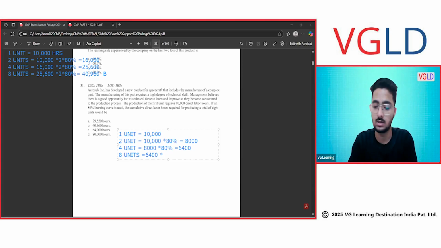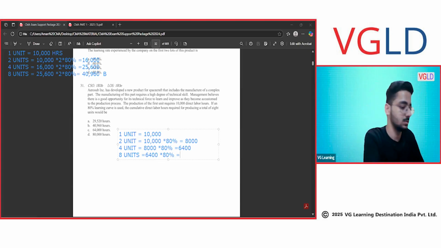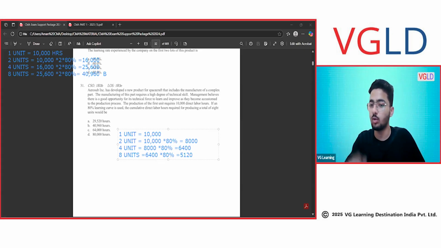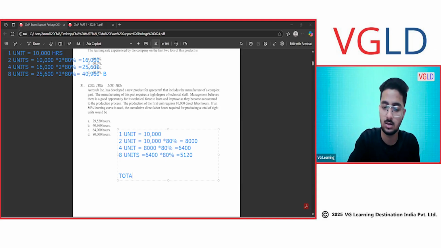This is the average method. Now you told me that you want to find out the total of 8 units produced. So the total is, per unit I am taking 5120 multiplied by 8. Got it, Abdul?